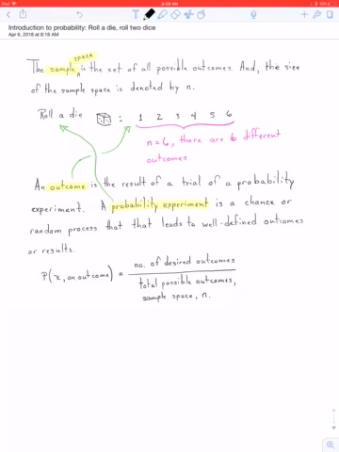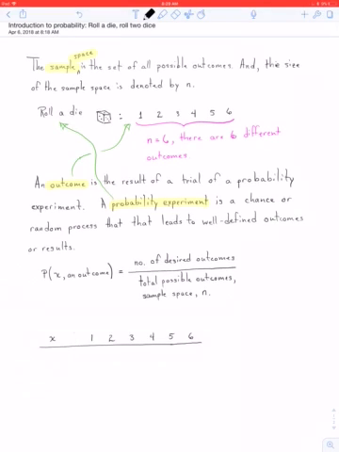Now, for example, let's set up a little table. It might help us to track this. We have x. X is what happens, our outcomes. So if we roll a die, we can get 1, 2, 3, 4, 5, or 6. And then we say that the probability of those outcomes is this.